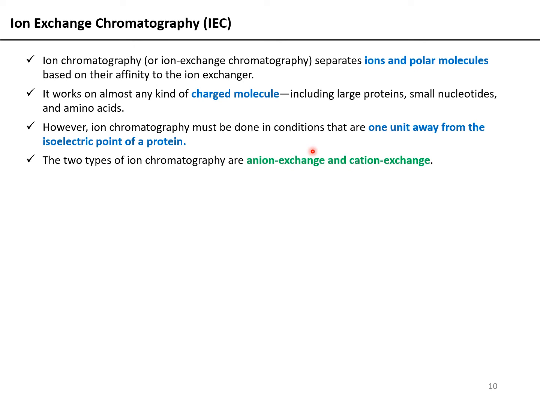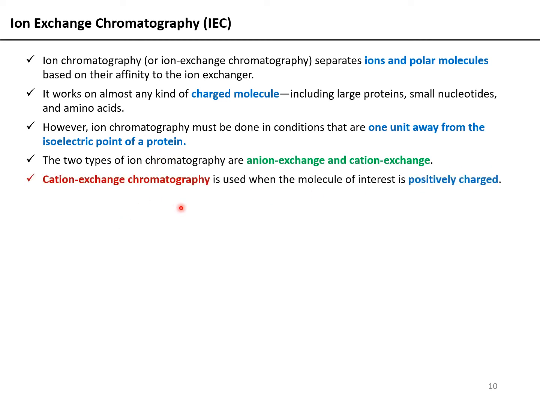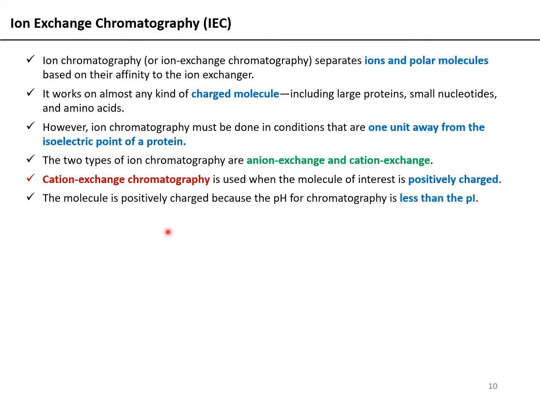So there are two types of ion exchange chromatography broadly: anion exchange and cation exchange. Cation exchange chromatography is used when the molecule of interest is positively charged. So in cation exchange chromatography, your resin or your bead or column by itself is negatively charged, and they are exchanging cations, that is positively charged molecules. So the molecule is positively charged because the pH of the chromatography is less than the Pi.